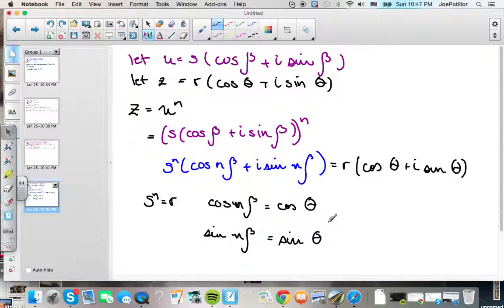Right? Just using the equation by pieces, equating pieces. The other way is to cheat and take the absolute value of the whole thing, which is technically what you're doing anyway.